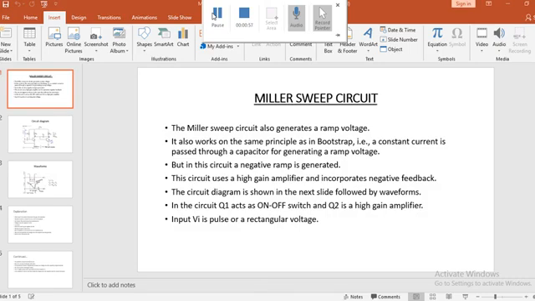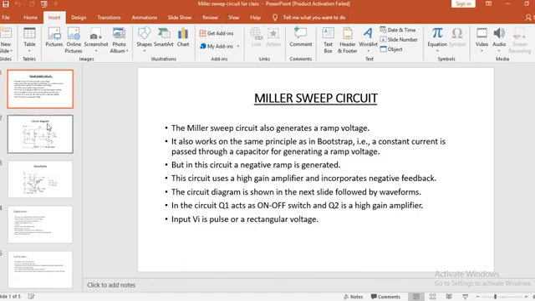The difference between a Miller sweep circuit and a bootstrap sweep circuit is that in a bootstrap sweep circuit, a positive ramp is generated, but in a Miller sweep circuit, a negative ramp is generated. You can see the circuit diagram in the next slide.